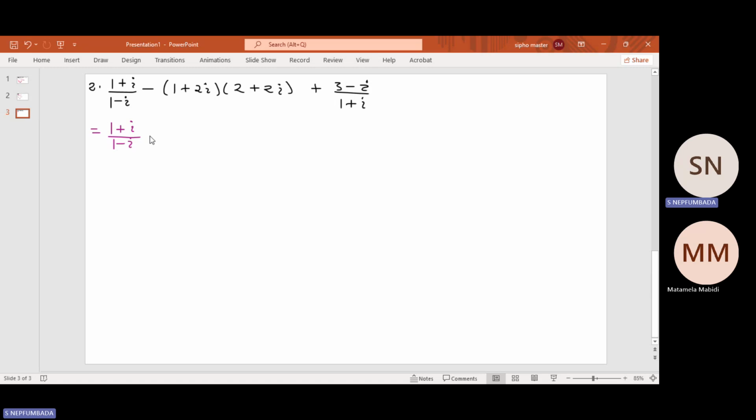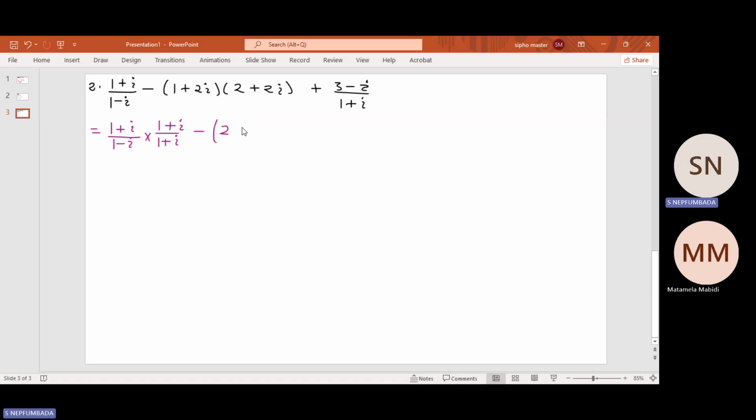So when we simplify this, I told you that we multiply by the conjugate. Is that so? Yeah. Then we said minus, then we remove the bracket.